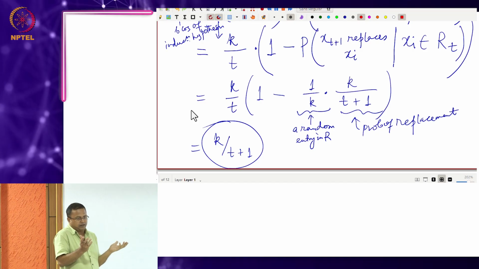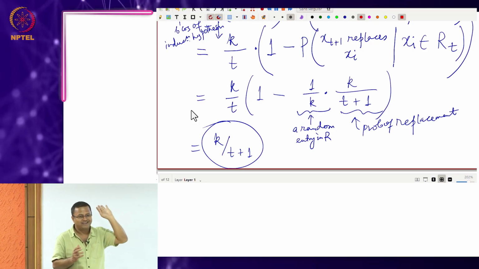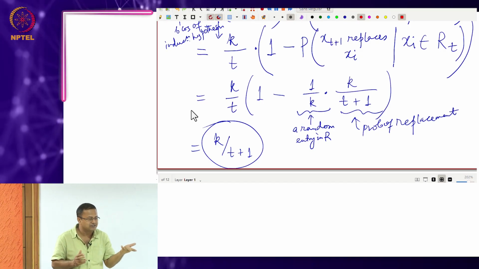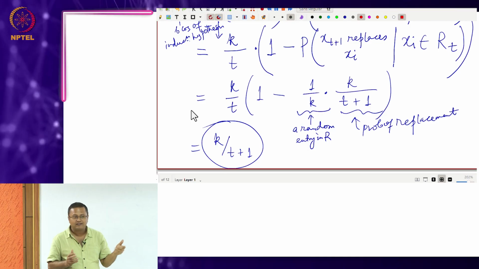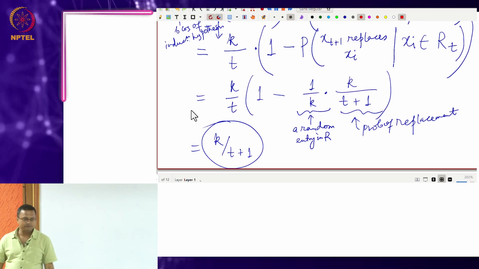It is uniformly at random, right. So, you know that the numerator should be k. Fixing the denominator was the challenge. The calculation gives you that idea, what should be the denominator.